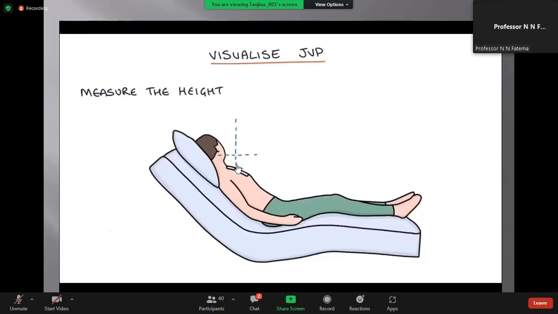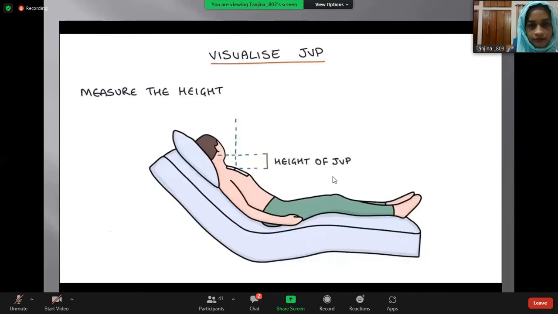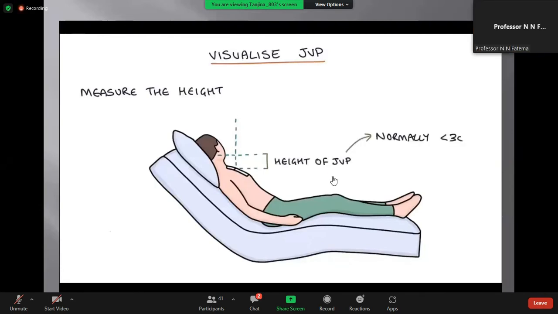This is the measurement of the jugular venous pressure, the height of JVP. Normally it is less than 4 to 6 millimeters of mercury, or less than 8 centimeters of water.